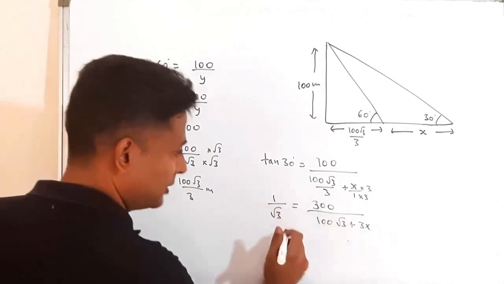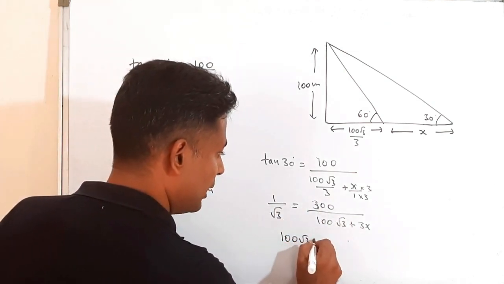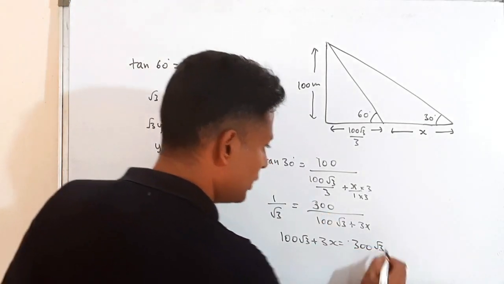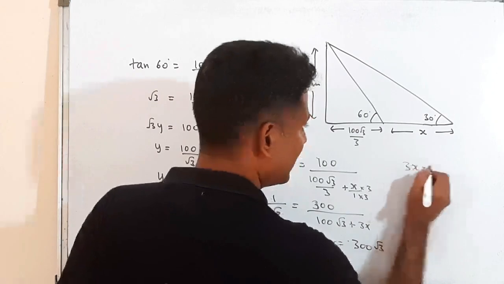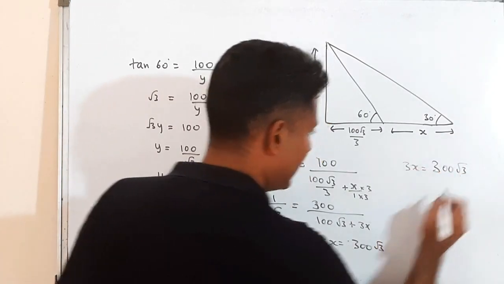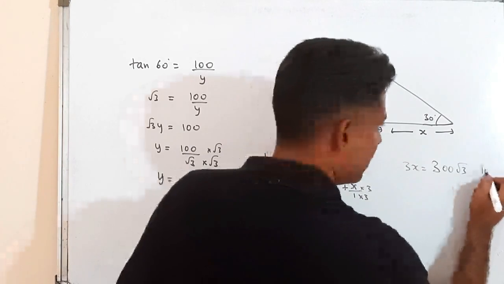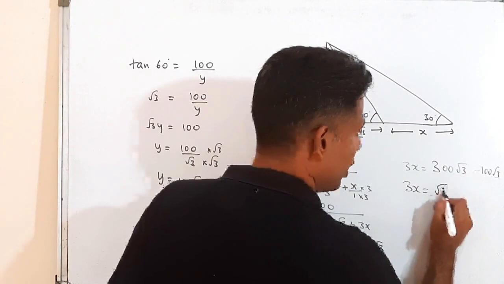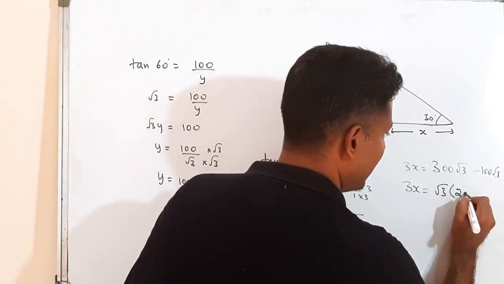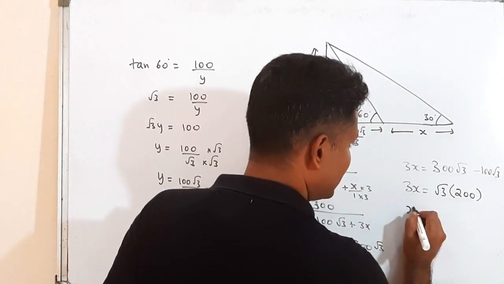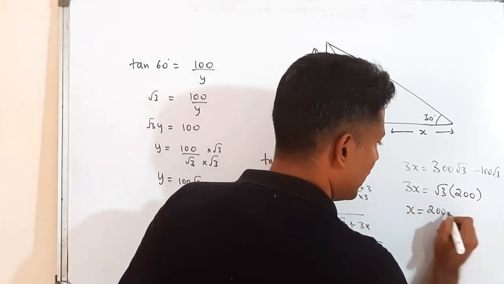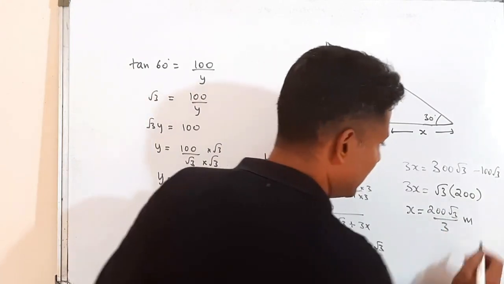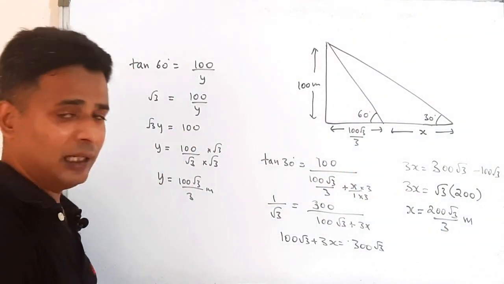Now transposing, 100 root 3 plus 3x equals 300 root 3. So we get 3x equal to 300 root 3 minus 100 root 3. So 3x equals, if I take root 3 common, 300 minus 100, 200. So x equals 200 root 3 by 3. So x, the distance travelled, is 200 root 3 by 3 meters.